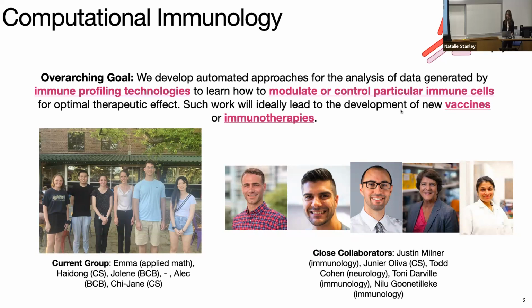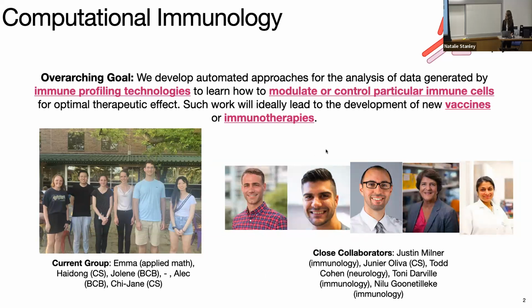So a lot of the work that I'll be talking about today is with these collaborators at UNC. So in this talk, I'll be mostly focusing on work that I've done at UNC in collaboration with these people. So just to briefly explain sort of what they're motivated by. So Justin Milner is a T cell immunologist, and he works on designing effective immunotherapies.